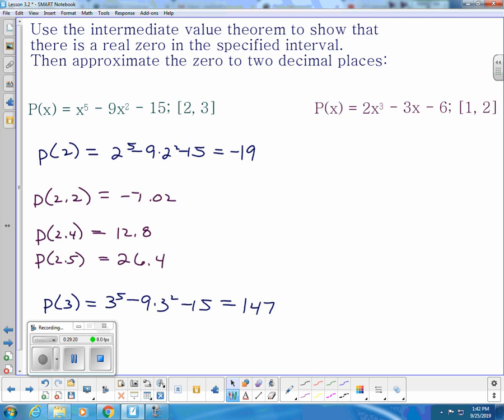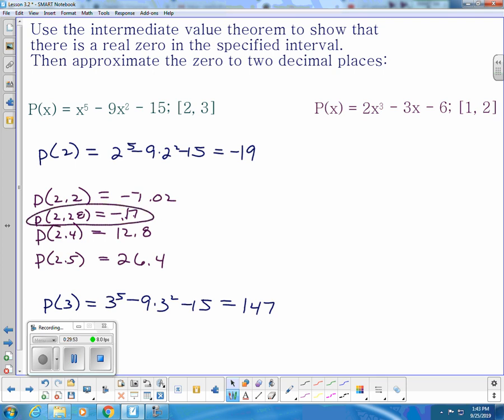If they wanted 2 decimal places, let's be wild and crazy and put in 2.28. And let's see what that gives me. Ooh, negative 1.17. That's going to be the closest I could probably get.